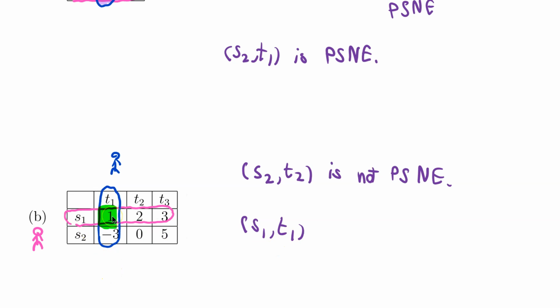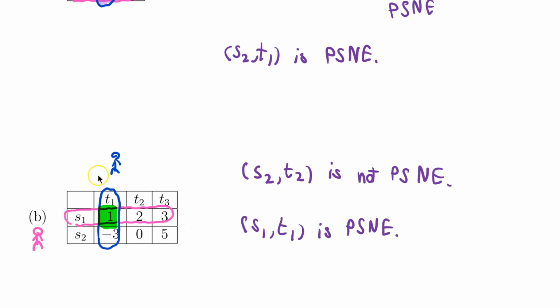I better get this $1 here. And that's the same for Bob. If Bob changed his mind, instead of losing $1, he's gonna lose $2, or he's gonna lose $3. So there's no reason for Bob to change his mind, so this is already the best option for Bob. So this is indeed pure strategy Nash equilibrium.